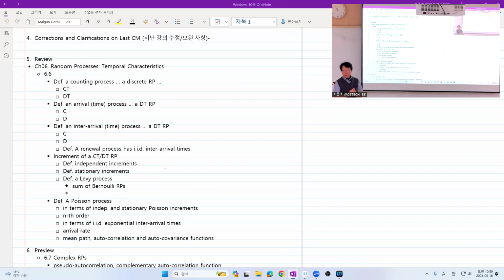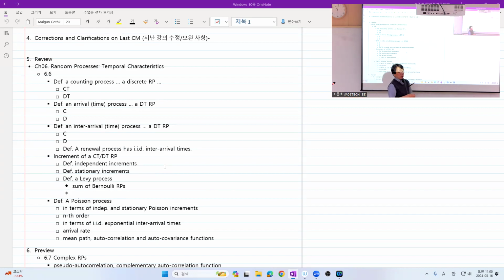What is common is that it is always non-decreasing, because we cannot have -1 count or subtract. We always increase. So each sample path of a counting process looks like a stairway, but the length of each step may be different. However, the height is the same if we assume only a single arrival is allowed at a time instant. But that is not necessary to define a counting process.